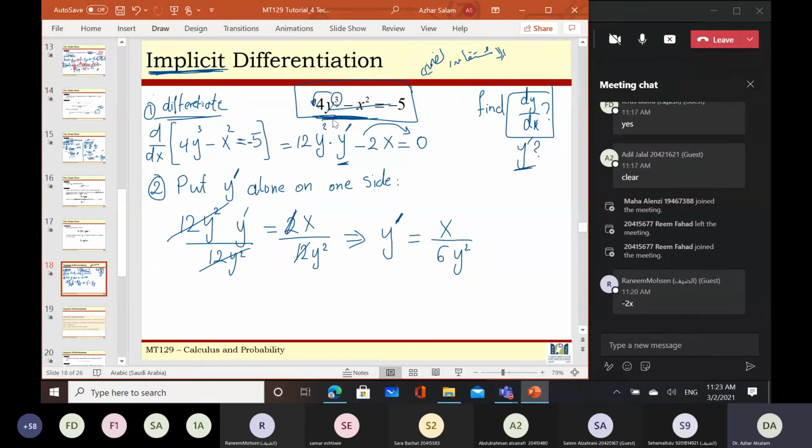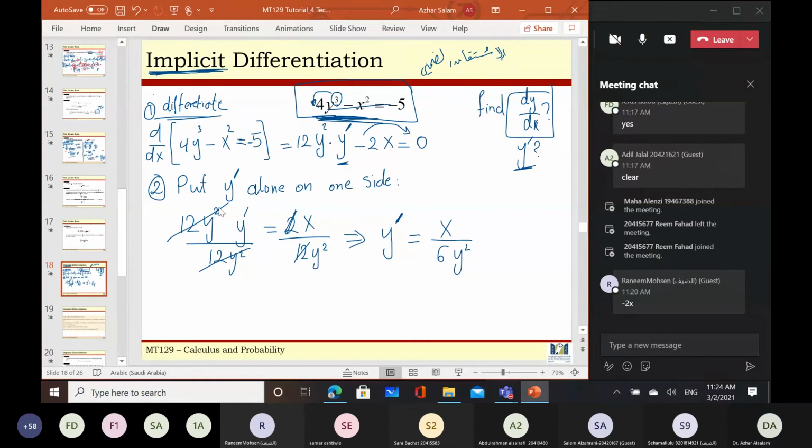I treat it like a normal equation, as I treated the function before. I differentiate in terms of y here and in terms of x here. But after each derivative of y, I multiply by y dash.